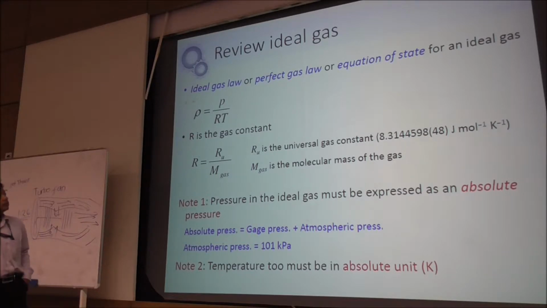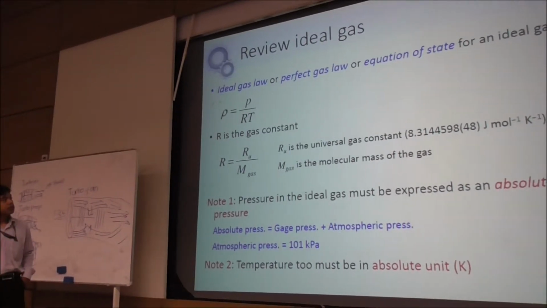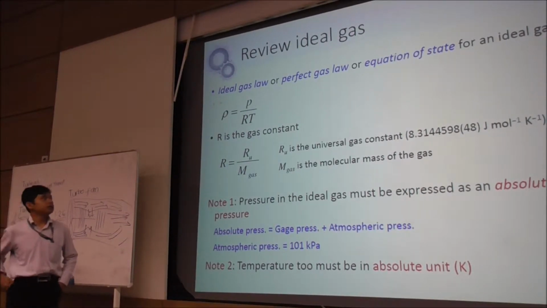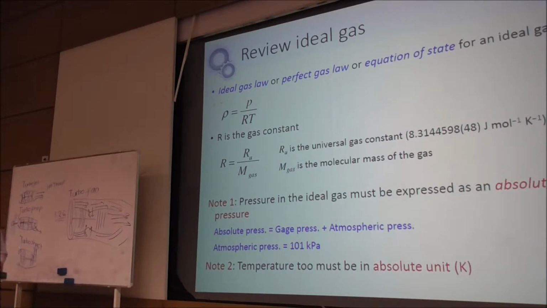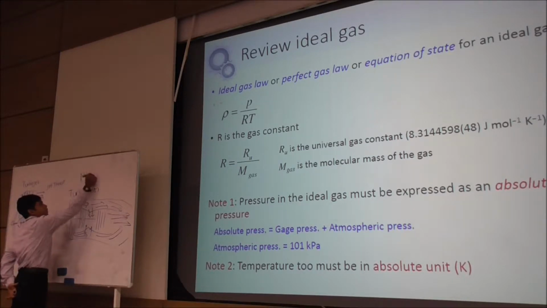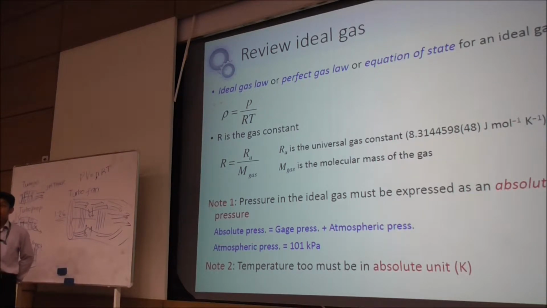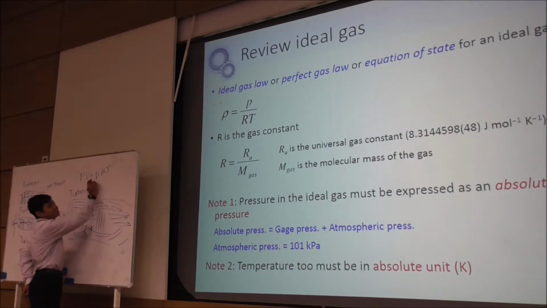This is the ideal gas law. Anyone do not know what it is about? This is the ideal gas law where you can get your density from the pressure, R, and T. If you look at an advanced thermodynamics book, usually it is written with M as the number of moles.